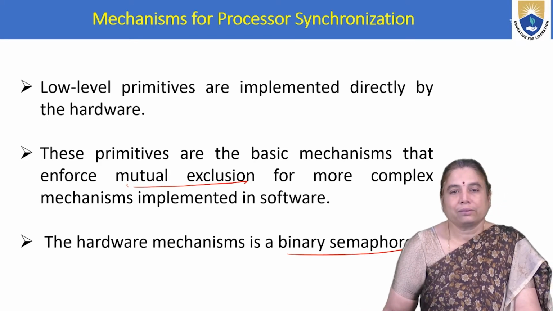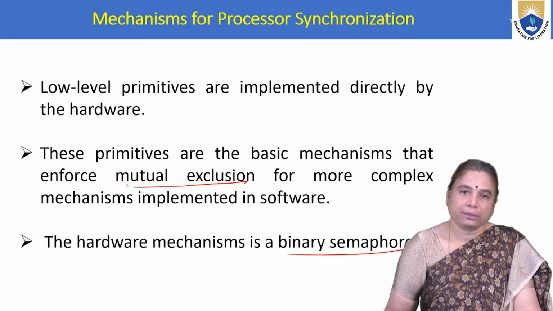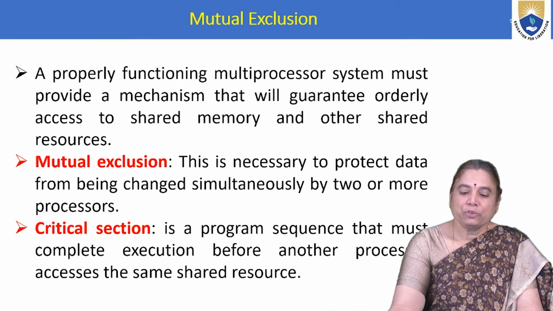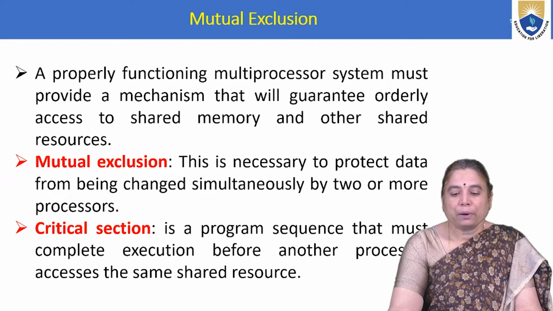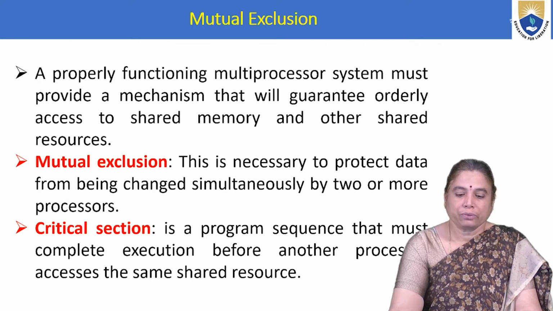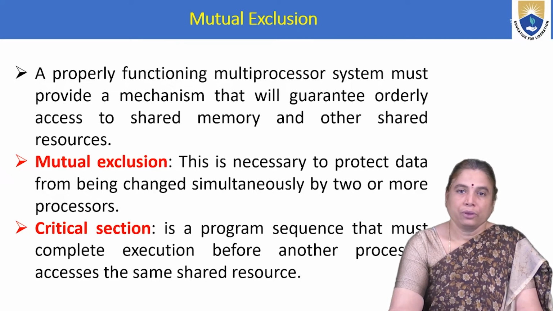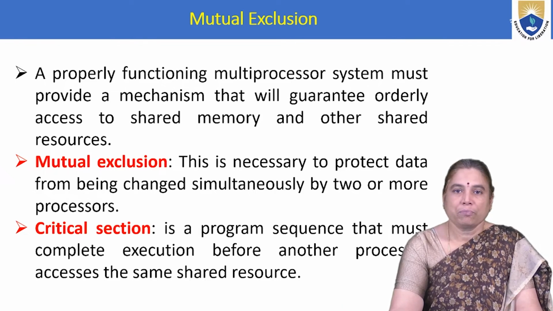Now we have to discuss what mutual exclusion is and what a semaphore is. Mutual exclusion means a properly functioning multiprocessor system must provide a mechanism that guarantees orderly access to shared memory and other shared resources. Only with mutual exclusion can the processors enforce the accessing mechanism of common resources.